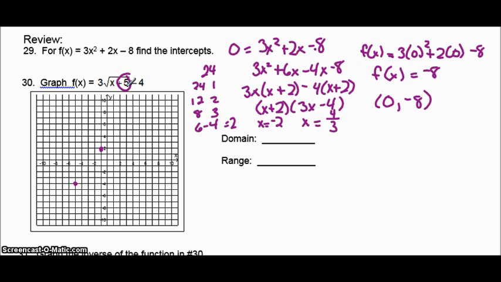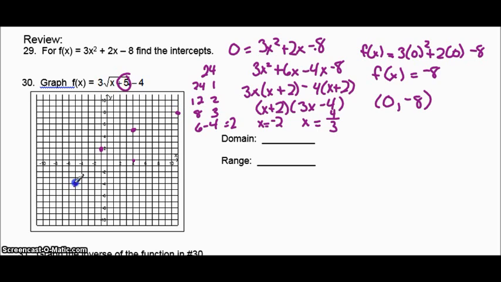The next perfect square would be 9, so 4 plus 5, so at 4 on my x-axis. 4 plus 5 is 9, square root of 9 is 3, 3 times 3 is 9, minus 4 is 5. So that point's there. Okay, the next would be 16, which would be x is 11. So 11 plus 5 is 16, square root of 16 is 4, 3 times 4 is 12, 12 minus 4 is 8.